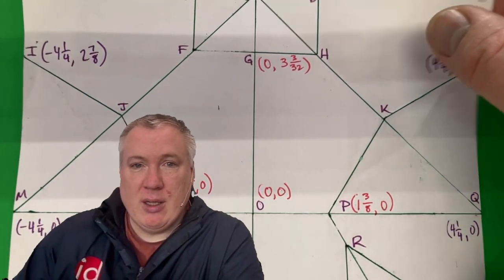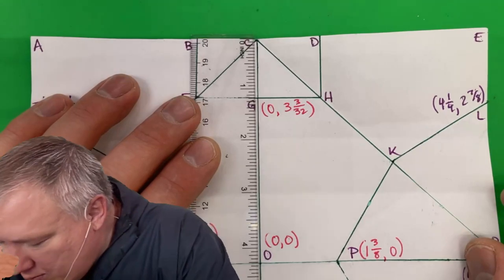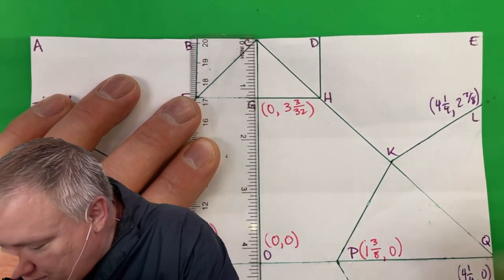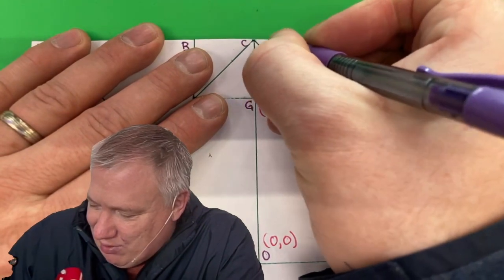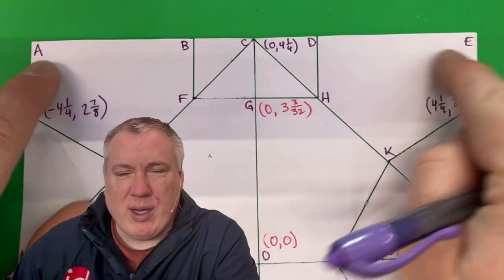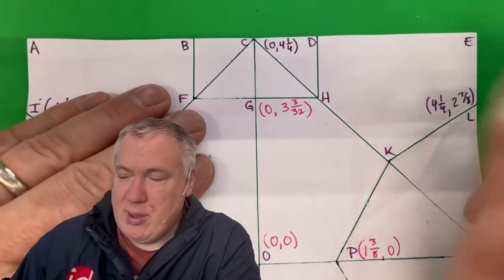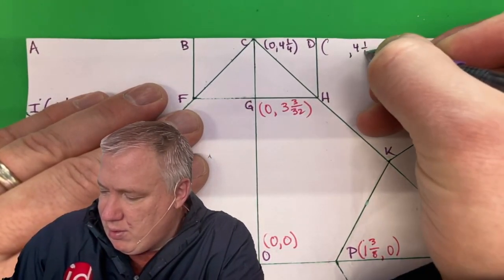Likewise, if I measure straight up to the top, which in my case, this page is actually 4 1/4, so 0, comma 4 1/4. That means every coordinate point here ends in that number: some number, comma 4 1/4.